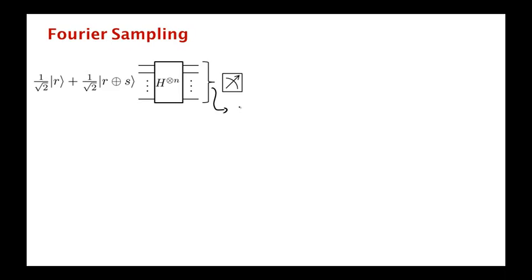So let's say that this output state, before we measured it, is the sum over all y of beta sub y. So what's beta sub y? With what amplitude do you go from r to y?